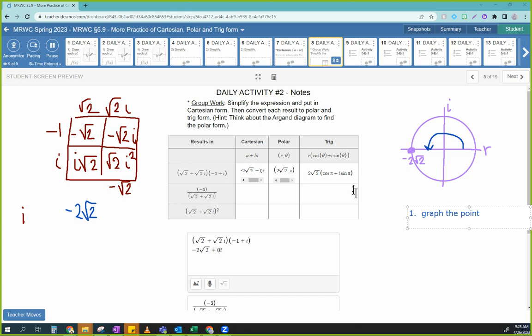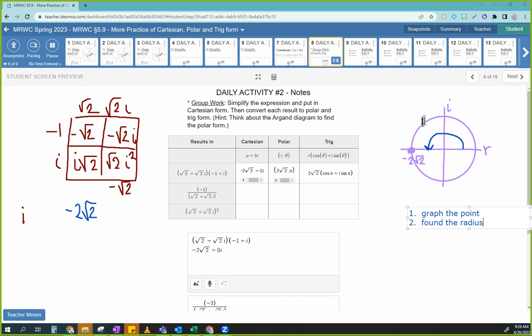So number 1, graph the point. Number 2, then what did you do? Okay, yes, when you graphed it, you found the radius. This radius was easy to find because it was on the axis.